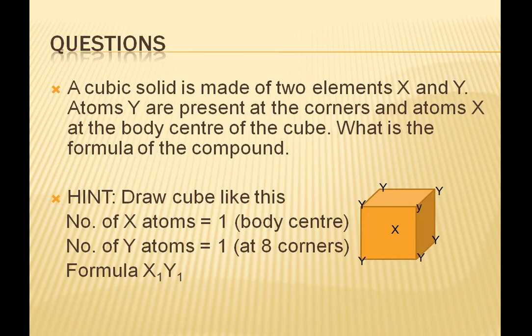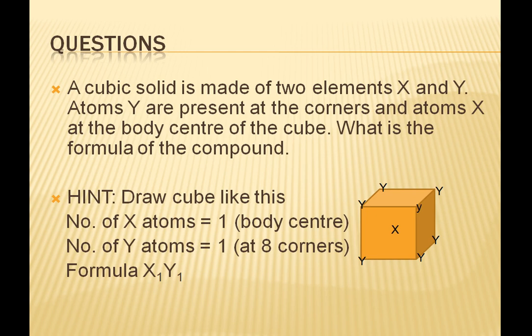From this topic, you generally get this type of questions. A cubic solid is made up of 2 elements X and Y. Atoms Y are present at the corners, atoms X at the body center. What is the formula? The best method to solve such numerical is, first you draw a cube, write Y at all corners, write X at the center of the cube.